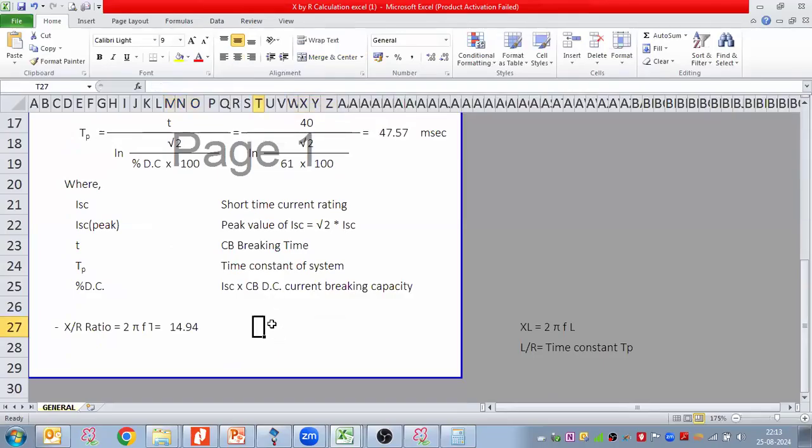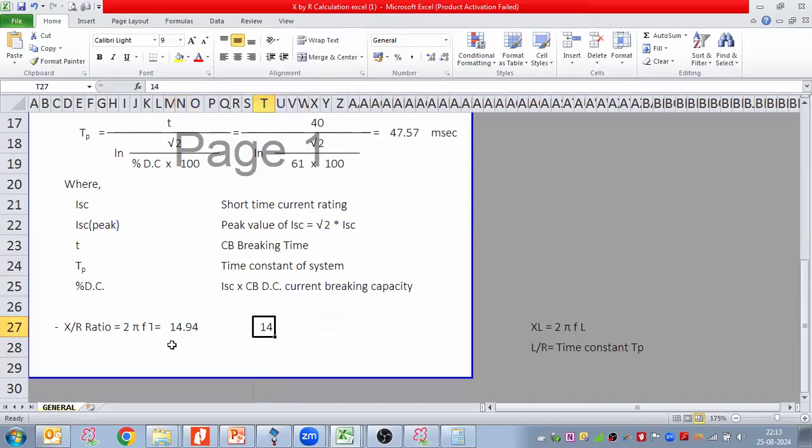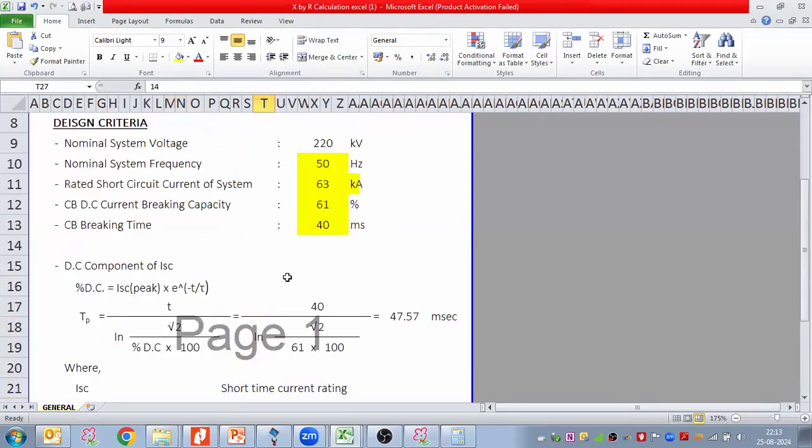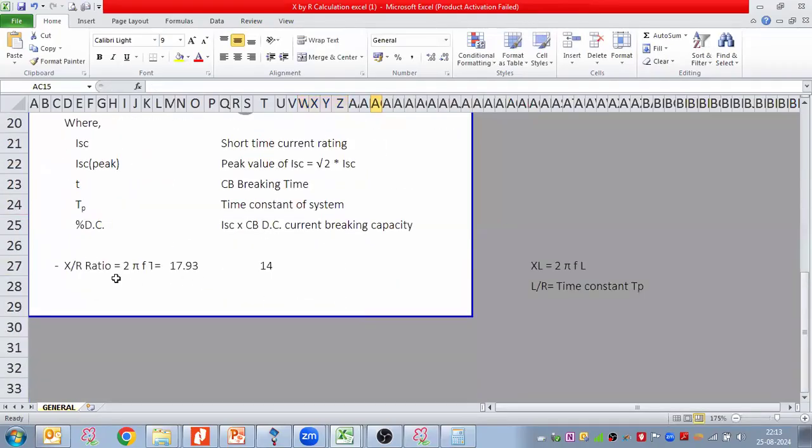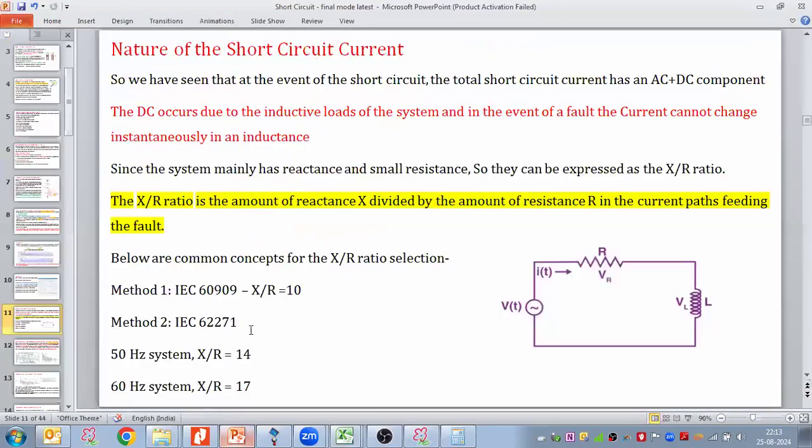So for 14.94, we rewrite it as 14, just using the nearby value. And if we change this 50 Hz frequency to 60 Hz, the X by R ratio comes to 17.93, which is matching with 14 and 17.